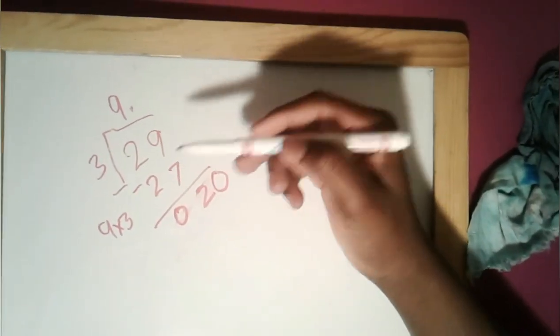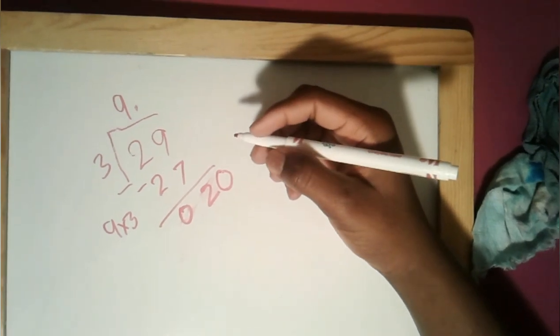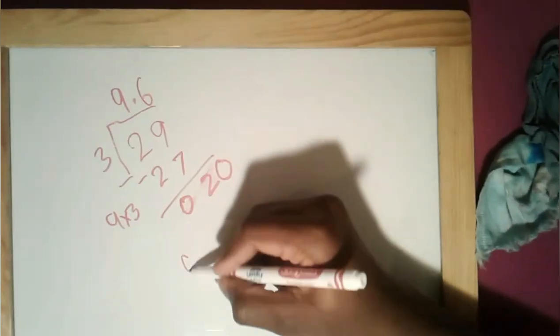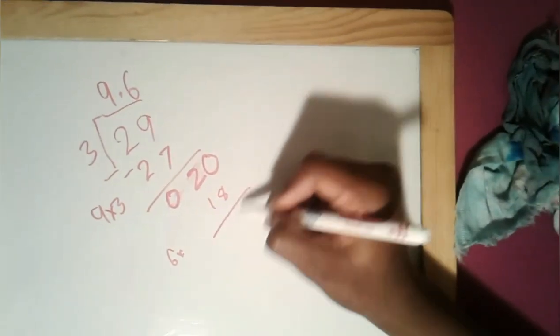When you divide it by 3, the answer here will be 6. 6 times 3 is 18, remainder 2.